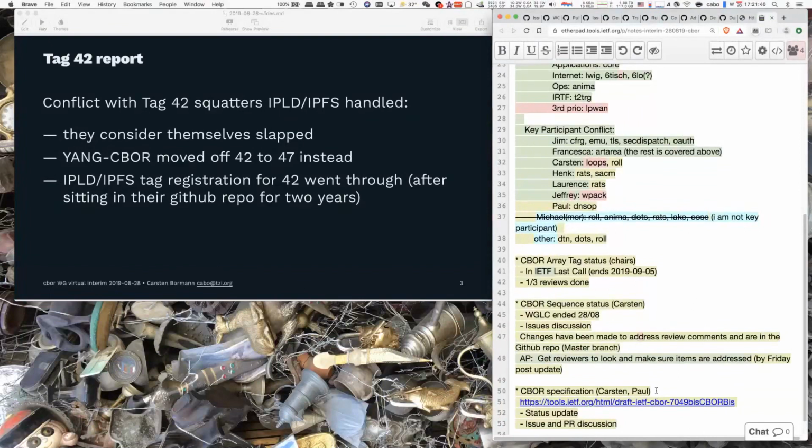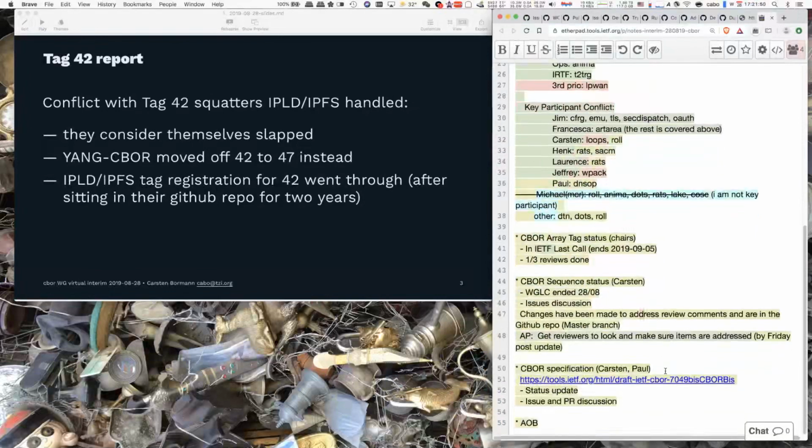Yeah, but you see, it created confusion for me, so it will have created confusion for others. Good. Okay, so we can move on to CBOR. So you have the action point to get the reviewers to look. Yes. That's going to be easy because one is Jim and the other is in my office, so I can just poke him.